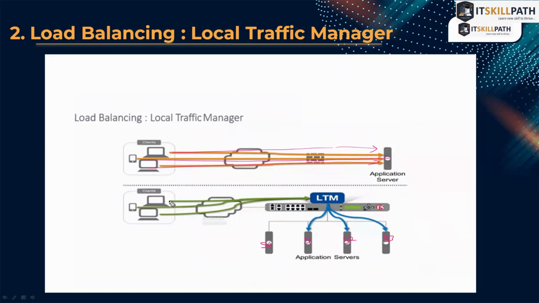Now the client will reach the F5 LTM, and LTM will distribute the traffic evenly. Let's suppose one server goes down, it will not send traffic there because F5 monitors the health of the backend servers. That's how it works.